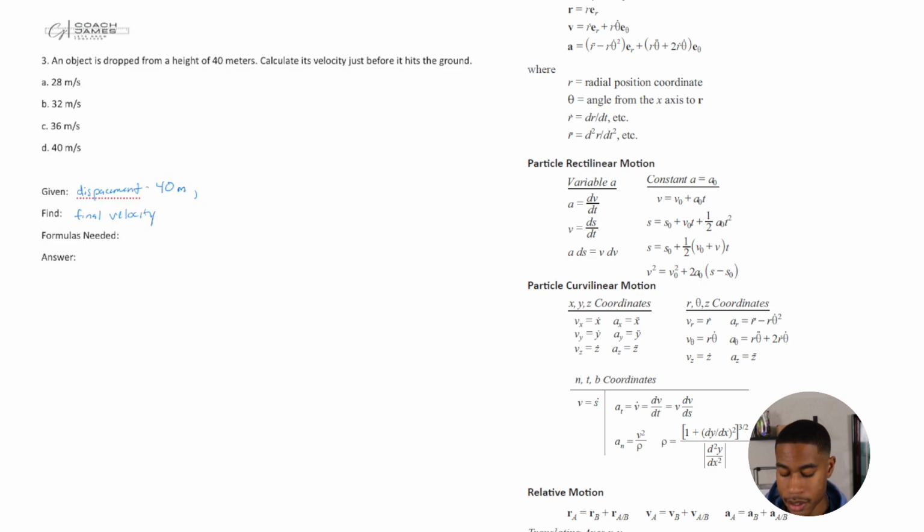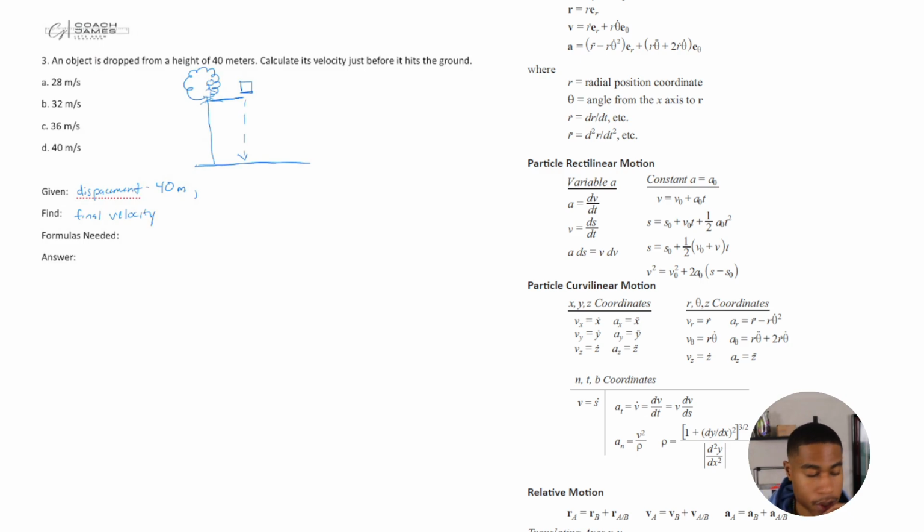All right, so from this information, if you have this block or an object, and here's the ground, and let's say you're in your little tree house, and the object's going to drop down, right?